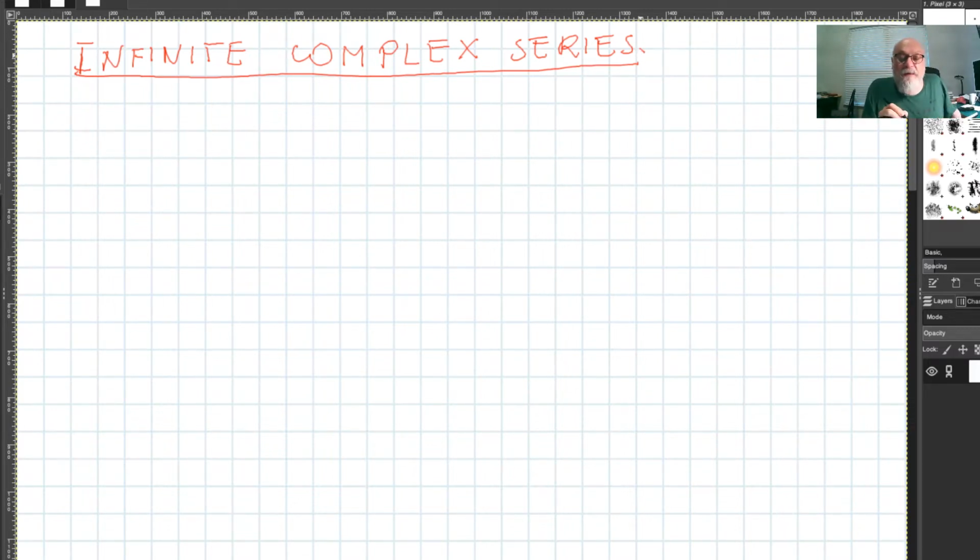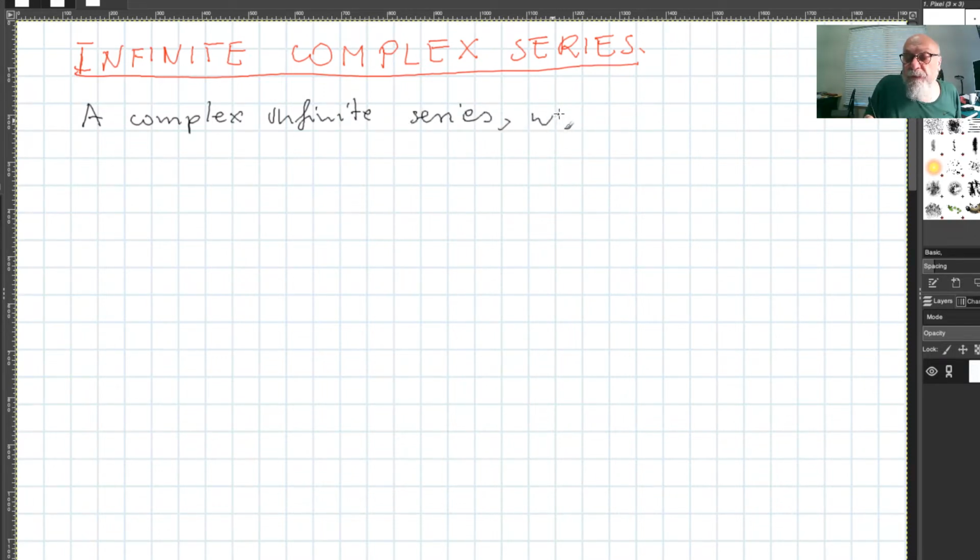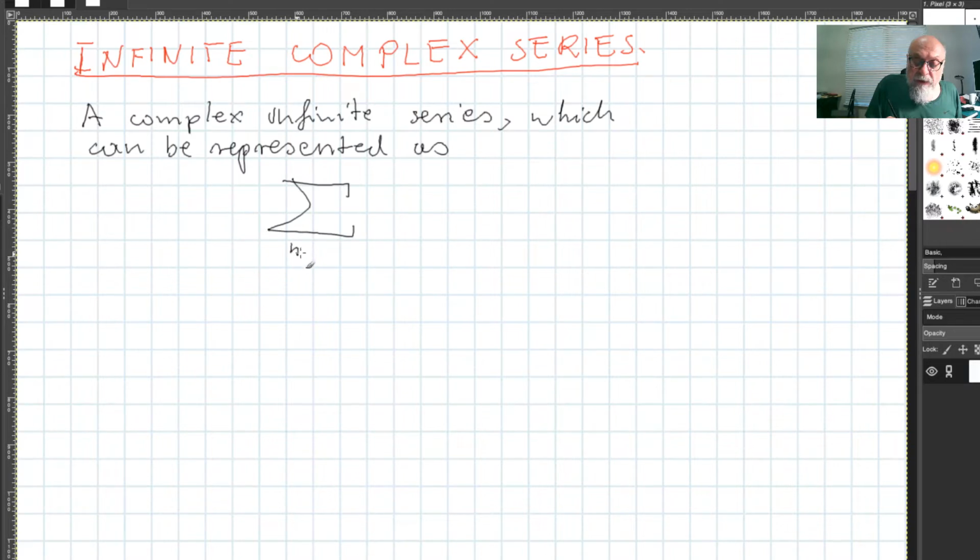So, what is an infinite series? A complex infinite series can be represented as, let's write it down, the sum for n equal 1 to infinity, and here we have the numbers a_n.